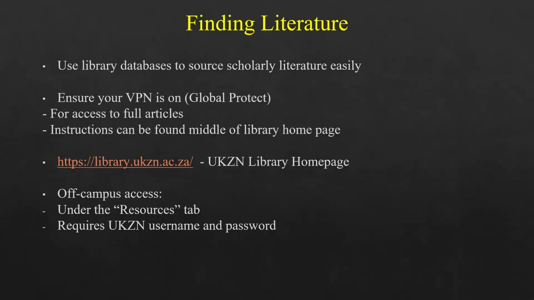So we've all been down that road where we find a really great article that aligns 100% to our study, and then we can't access it. There's no permission to access it, or it says you have to have an institutional account or something to that effect, right? So put the VPN on, and 9 out of 10 times you'll find that you actually do have access to the full article, but you have to log in through your institution.